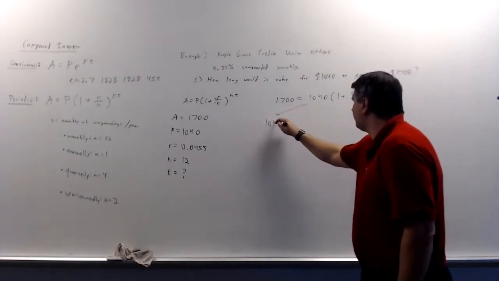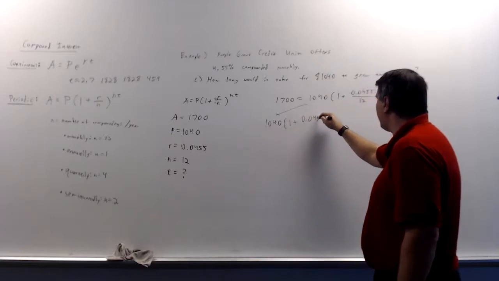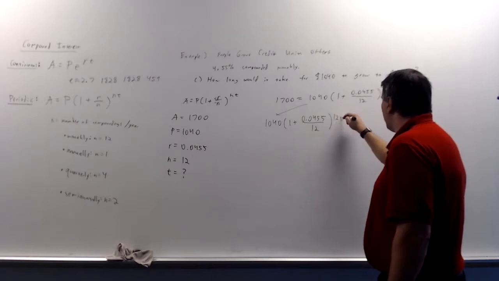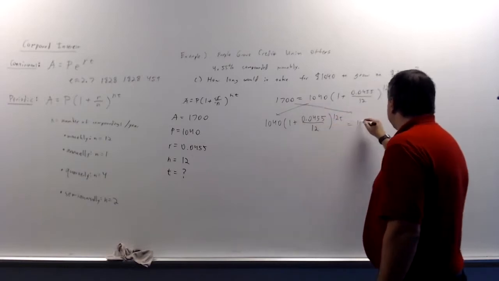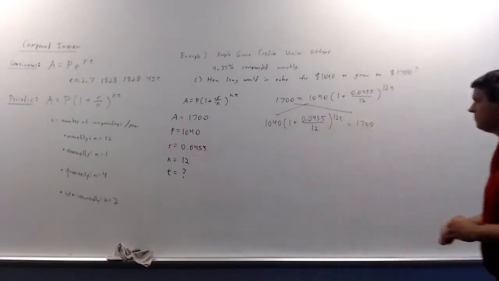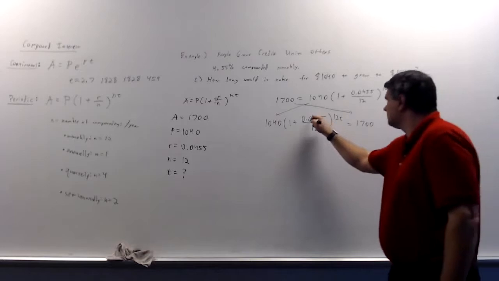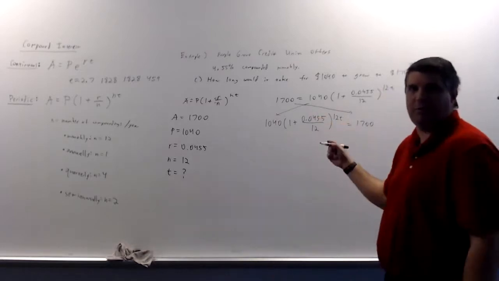So 1,040 times 1 plus 0.0455 over 12 to 12t power equals 1,700. Okay? I like to have my unknowns on the left. A lot of math people do.